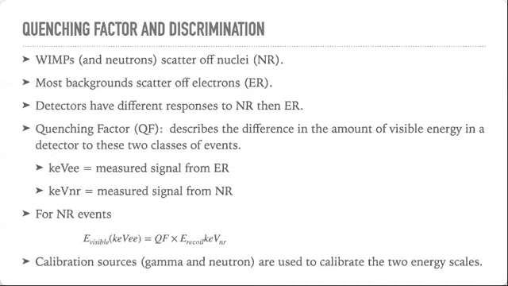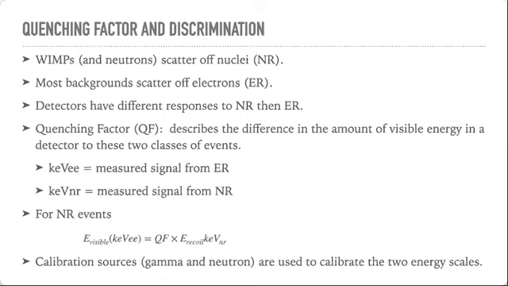The reason that we really like these experiments that can measure two different types of energy is because there's this factor called the quenching factor. The quenching factor is essentially a ratio of the energy from a nuclear recoil event divided by the energy from an electron recoil event.